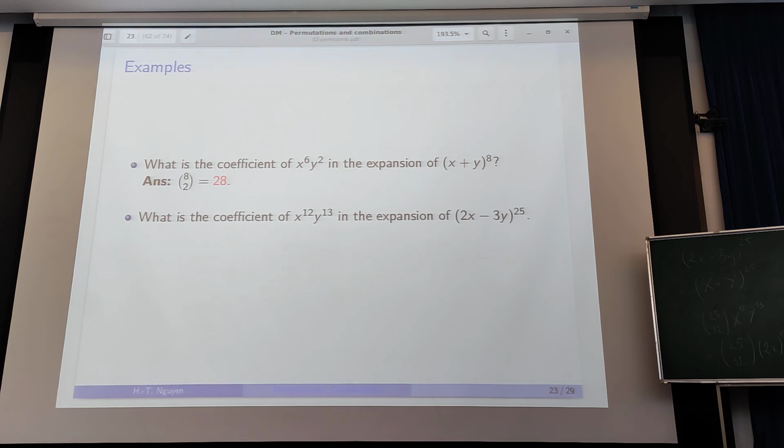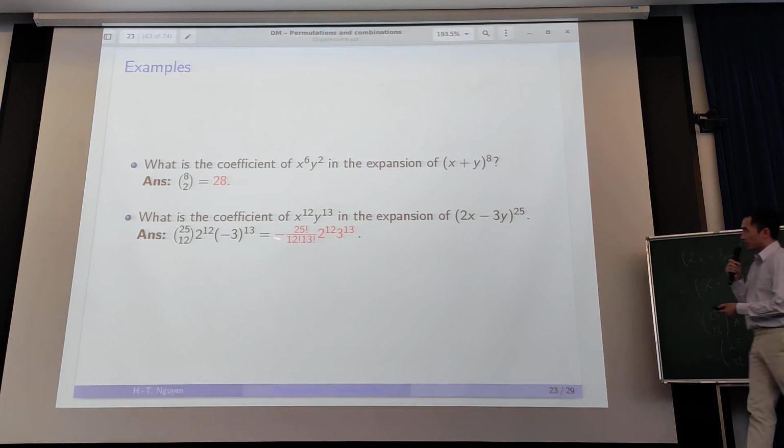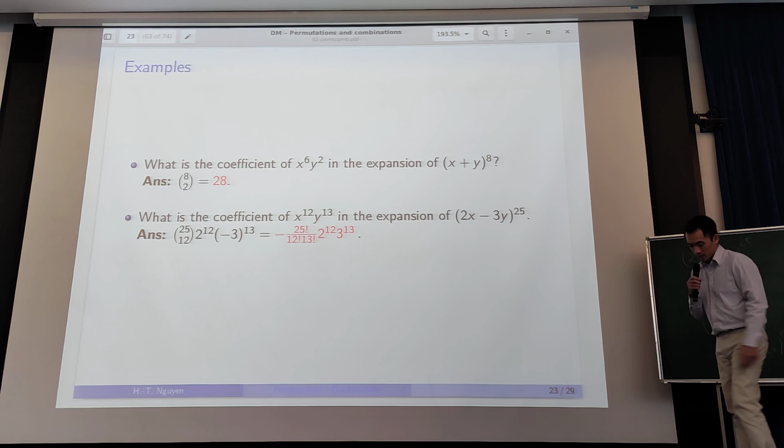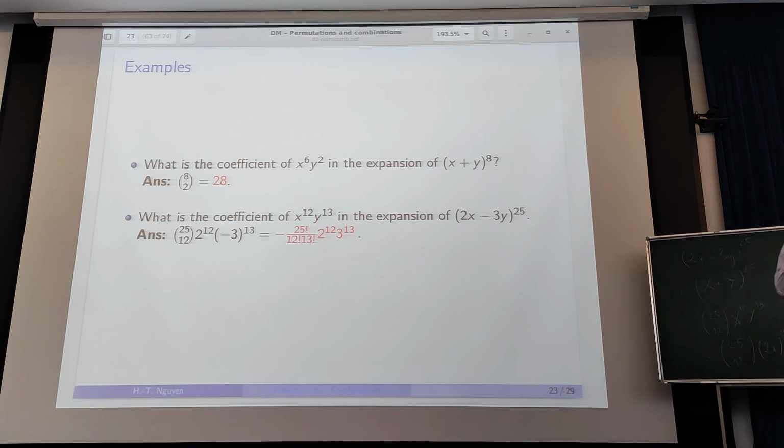Then you get this, okay? So 25 choose 12 gives you this, and here you have a minus sign with an odd power, so you have a minus sign in the result, and here you have 2 to the power 12 times 3 to the power 13.